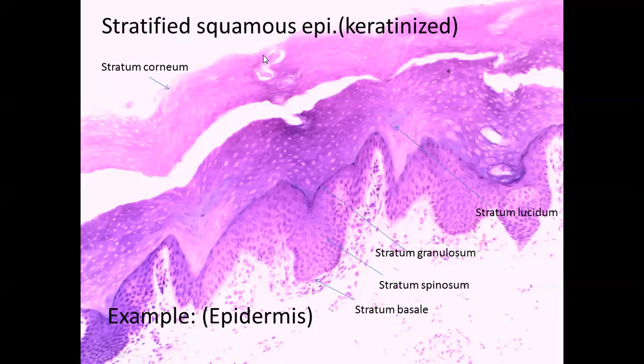Stratum corneum consists of several layers of flattened cells without nuclei. So the cells slough from this layer, which consists of several layers without nuclei. The cells slough from the corneum. An example of this type of epithelium is the epidermis, keratinized stratified squamous epithelium.